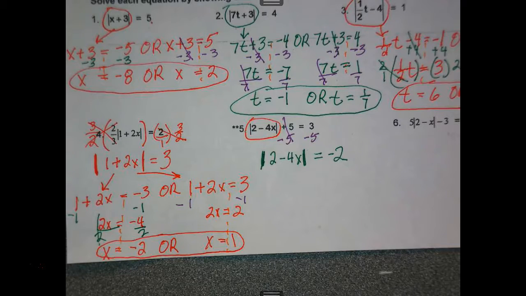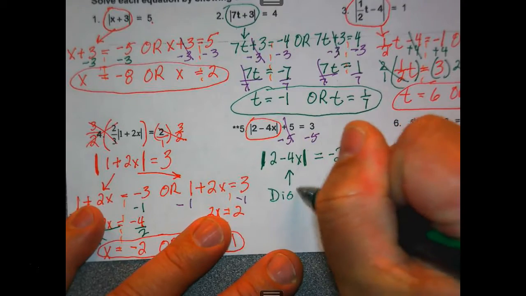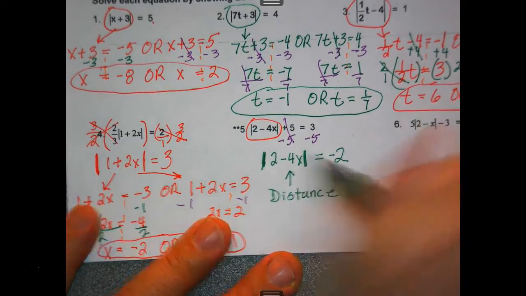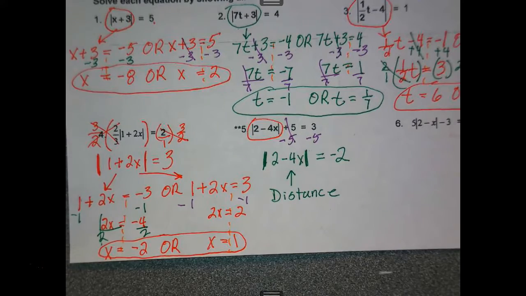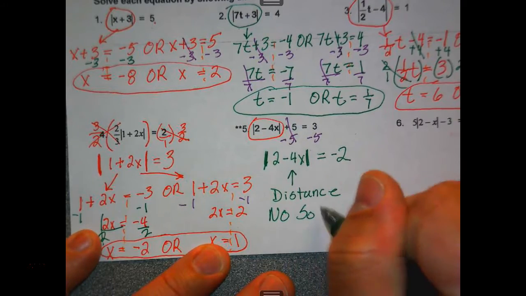Remember the definition of absolute value. What is it? Distance away from 0. Should I continue this problem? This is distance. Should I even continue this problem? Distance can never be negative. Okay? There's no solution to this problem.